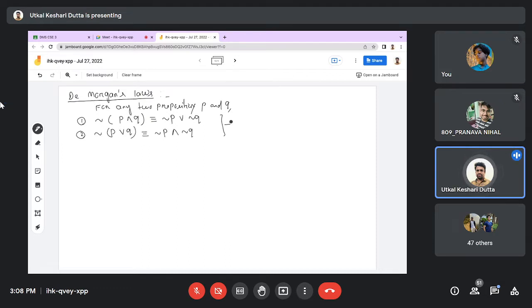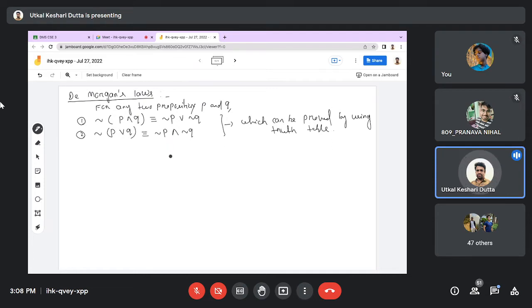This you can prove very easily. It can be proved or verified by using a truth table. That means find the truth table of both the cases.